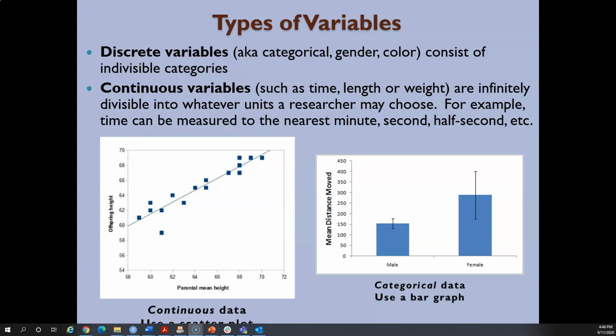So what is the opposite of a discrete variable? That is a continuous variable. Examples are anything you cannot assign into distinct categories. This includes length of an animal, height of an animal, weight of a critter. All of those are continuous variables.